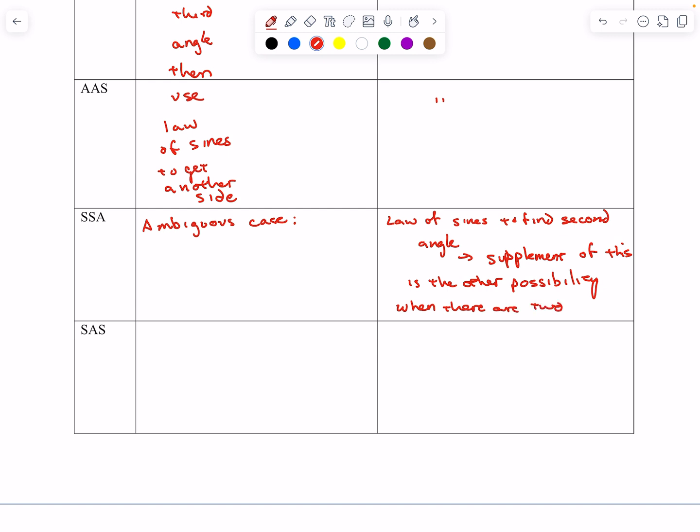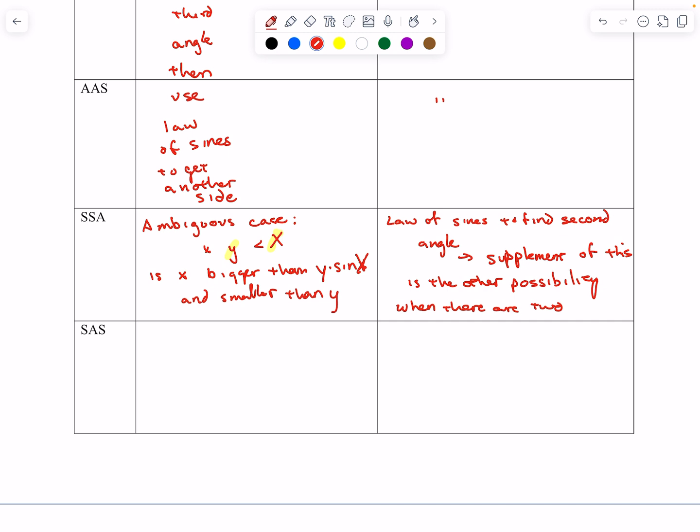Yeah, so the ambiguous case, if you have like x, y, and angle x, then you want to know, so you take the angle and the side that isn't across from that angle and you try y sine x.